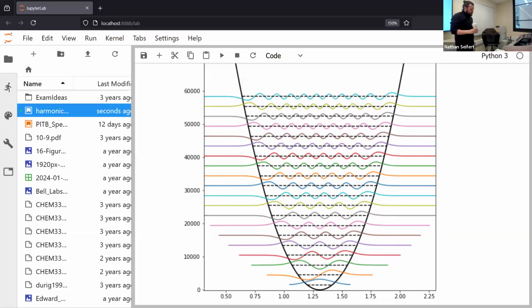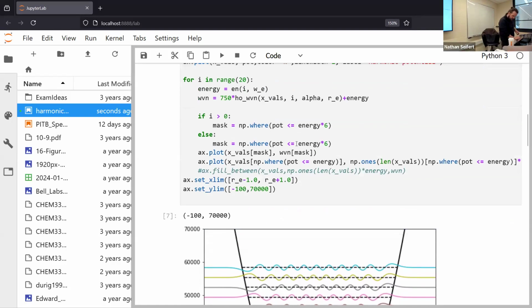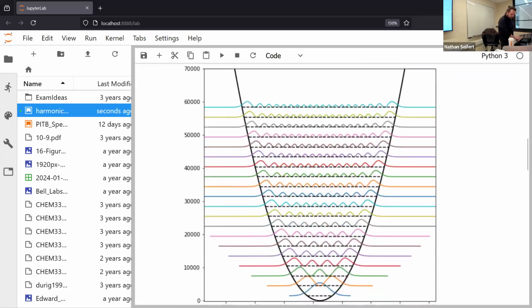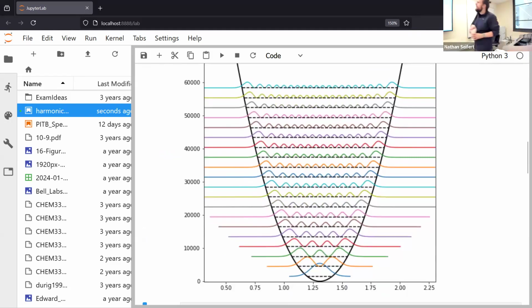So let's just look at the square of this. This is just the wave function, so what I'm going to do is square the wave function so we can look at the probability density. And it looks exactly like you would expect for the particle in a box, except for one difference. Look at where the amplitudes of these waves peak.